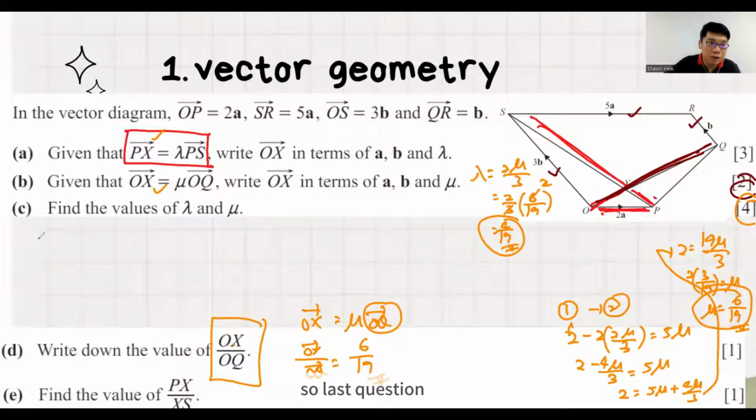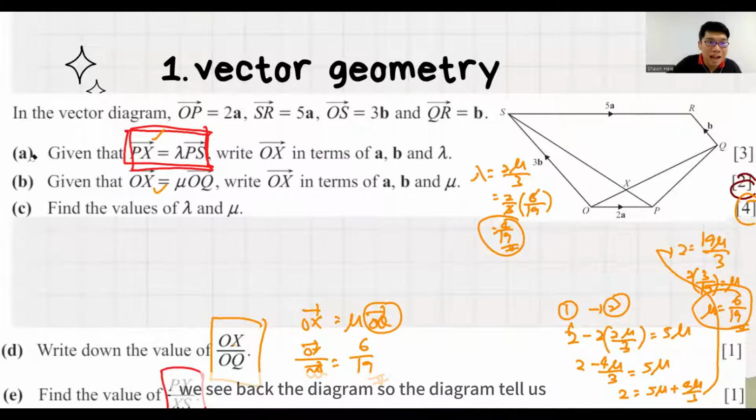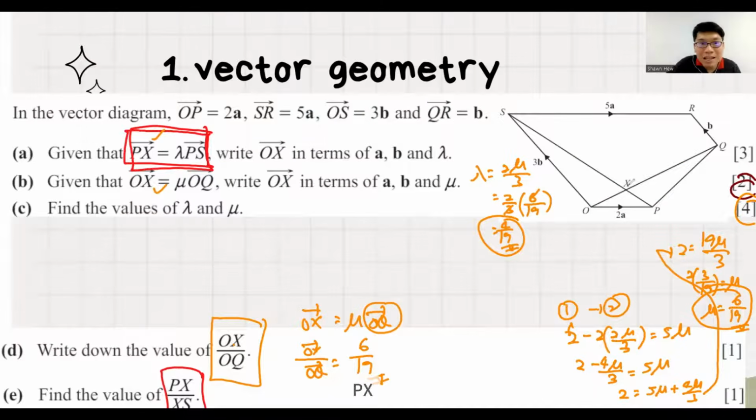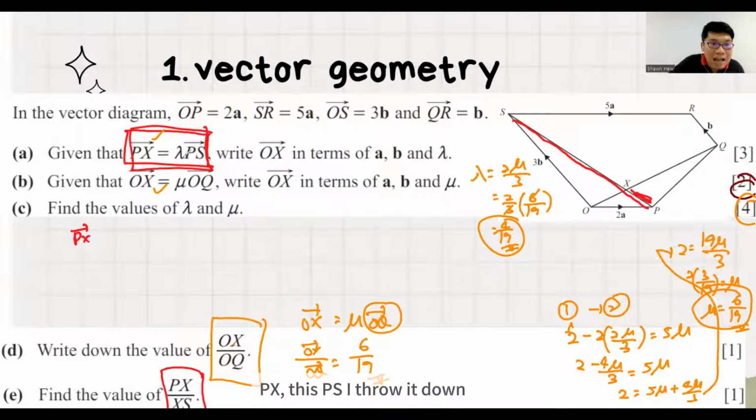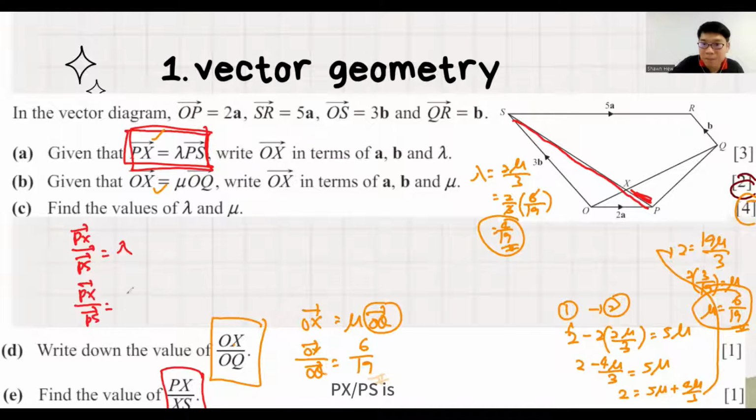The last question asks us about PX to XS. We know that it comes from here. We look back at the diagram. The diagram tells us PX is lambda of PS. So PX over PS equals lambda, which is 4/19, which means PX is 4, PS is 19.